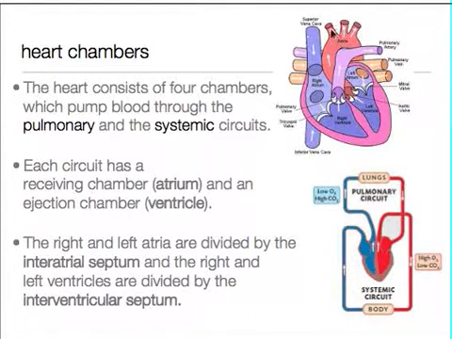This is a pretty good picture of the anatomy. We have a bigger one coming up. And then here you see the two circuits. The blue is representing low oxygen, high carbon dioxide, and oxygen is what the cells need to make energy, and carbon dioxide is their byproduct, the used up product. And so we're going to get rid of the carbon dioxide.